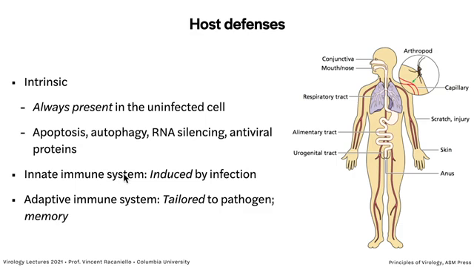We've also talked about the innate immune system, which is induced by infection. And that leads us to today, the adaptive immune system, which is tailored to the pathogen and which, unlike the other forms of defenses, comprises memory.